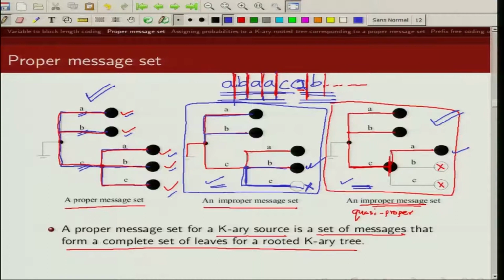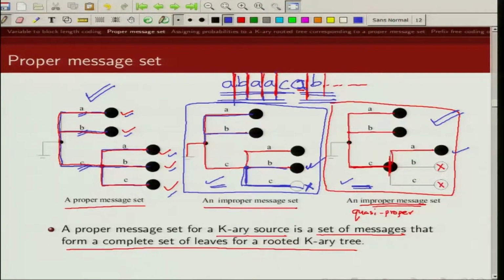What is the difference between this proper message set and this quasi proper message set? Both can parse all possible input sequences. We have seen that you give a ternary input sequence, it can parse a ternary input sequence.